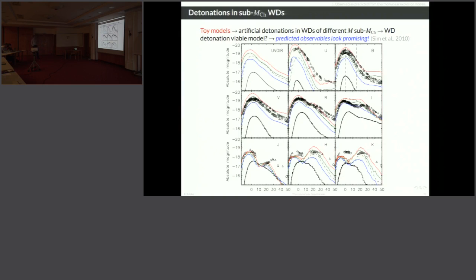So the first thing one can do there is to test the overall capability of sub-Chandrasekhar mass white dwarfs to produce something that looks like a Type Ia supernova.